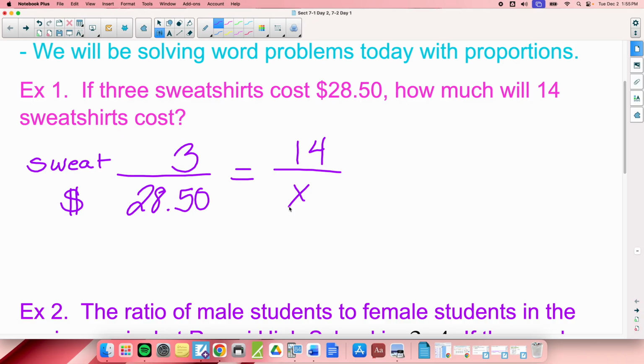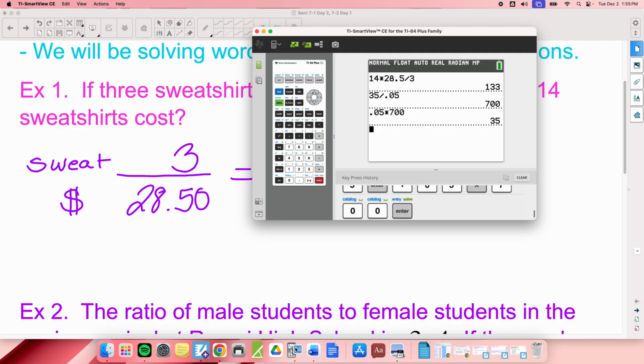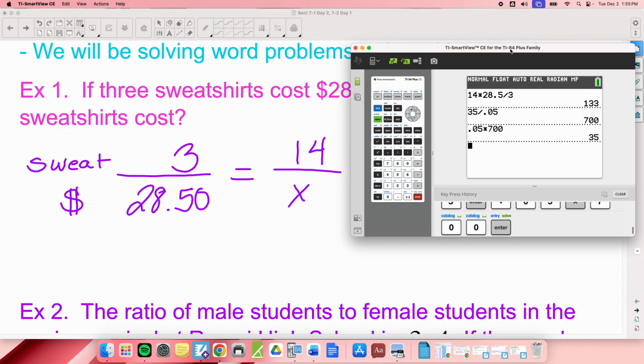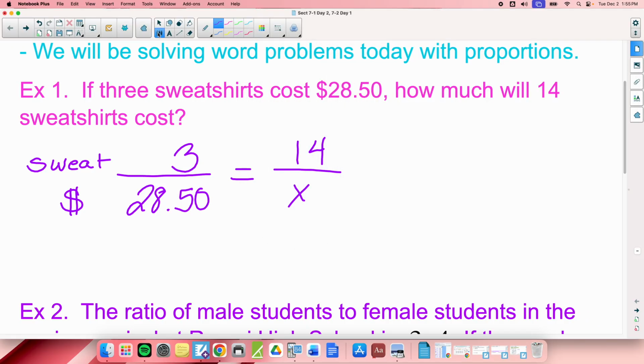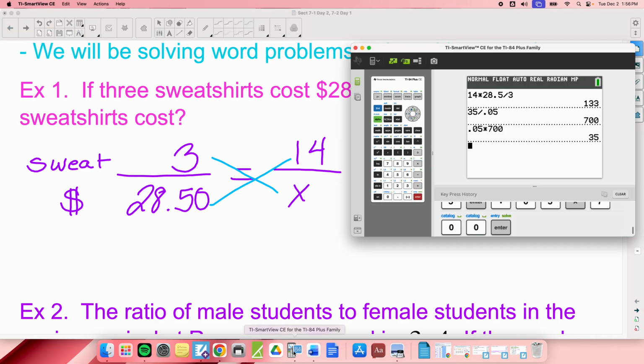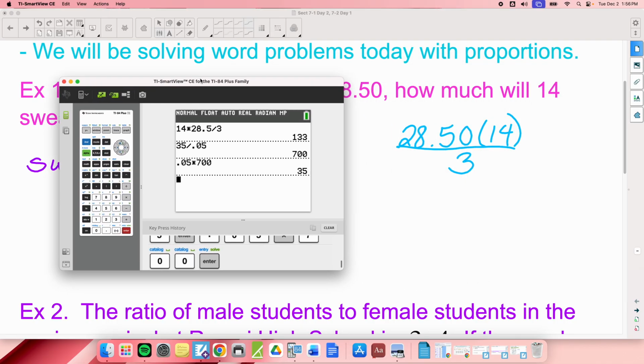And then yesterday we talked about how to solve something like this. What we do, remember, is we cross multiply. So we'd want to multiply this, so we'd go 28.50 times 14. And then we divide by the one that's opposite your x. You don't have to show work for this. You can just plug it into the calculator.